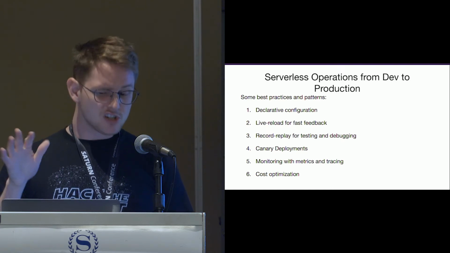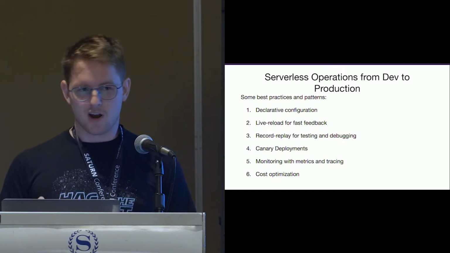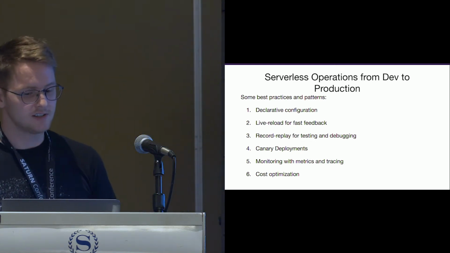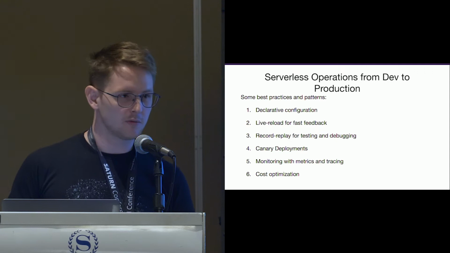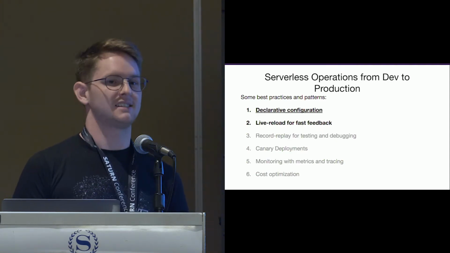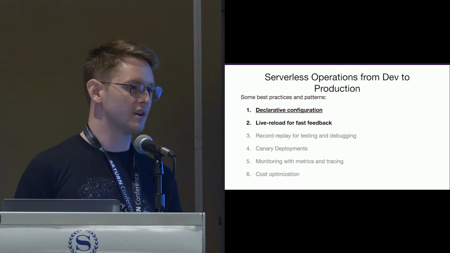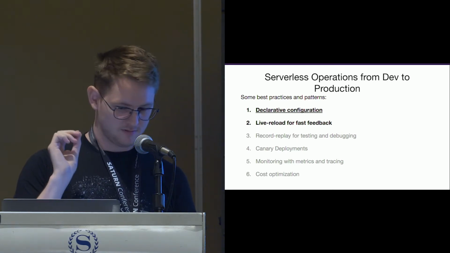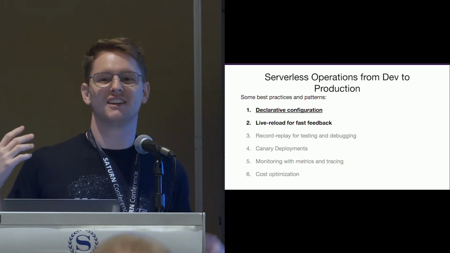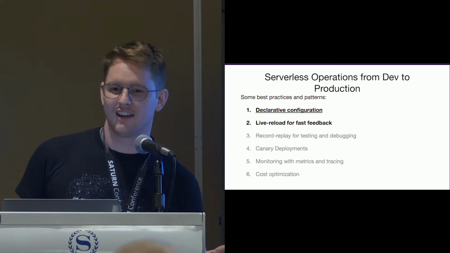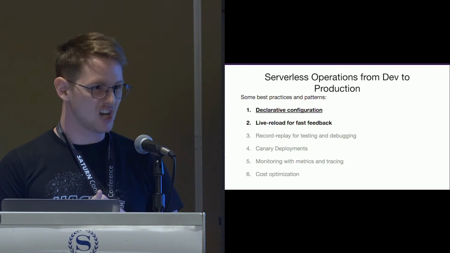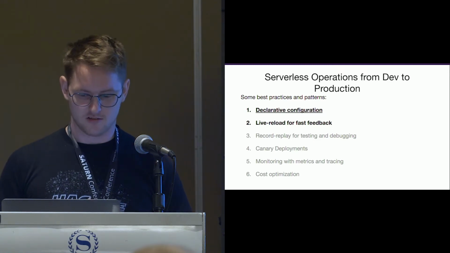So these are just, in general, some of the best practices, in my opinion, going from dev to production with serverless, right? But the things that we're really going to be focusing on in the talk here is especially the declarative configuration, because just me personally using a serverless framework, once you start to get enough functions, it becomes a challenge keeping track of everything, right?